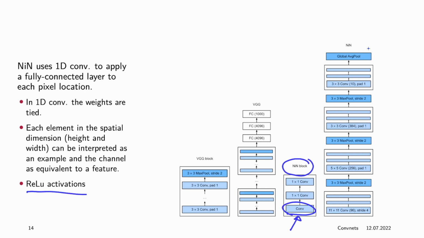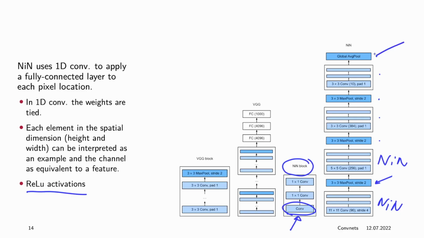The neural network then corresponds to a number of these NIN blocks that are each time followed by a pooling operation. So you have an NIN block followed by a pool, another NIN block, another pool, NIN block, pool, NIN block.